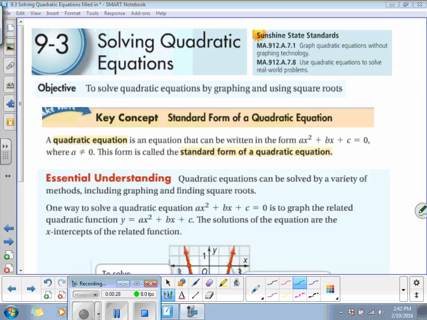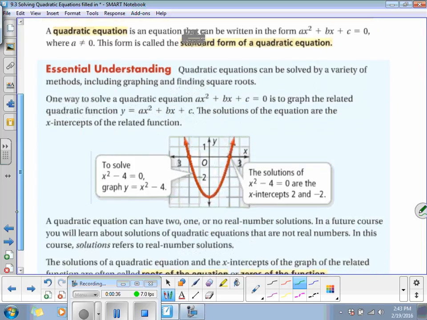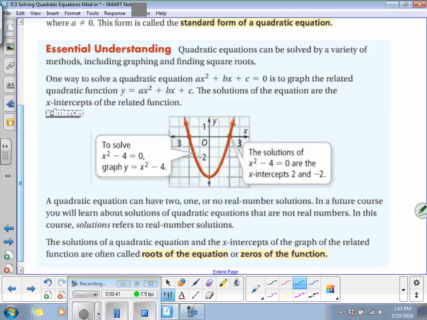Now this is called the standard form of the quadratic equation, okay? Now if I look at the picture here, you can see that the quadratic equation can be solved by a variety of methods. We already talked about that. One way to solve a quadratic equation is to graph the related quadratic function, and the solutions of the equation are the x-intercepts of the related function.